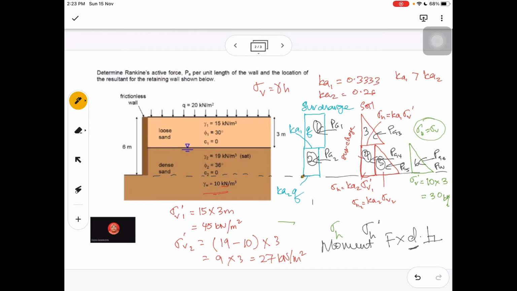If you take a moment at the toe, which is somewhere here at the toe of the wall, the H1 would be half of this rectangular plus this height.